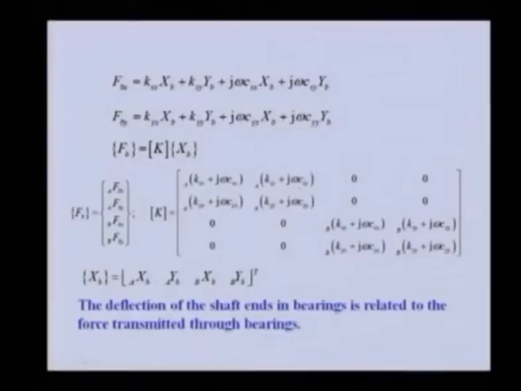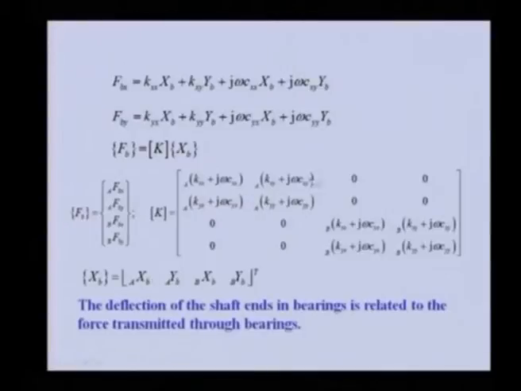So we have neglected those coefficients. Only the translatory motion coefficients we have defined, and because of this we can see that the bearing displacements are linear in nature only.